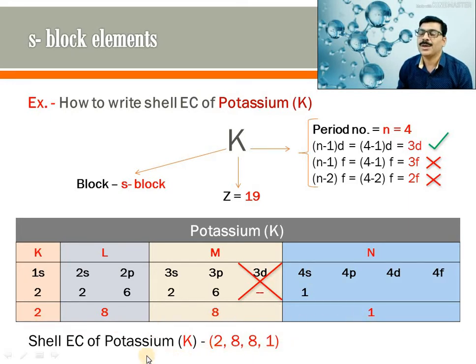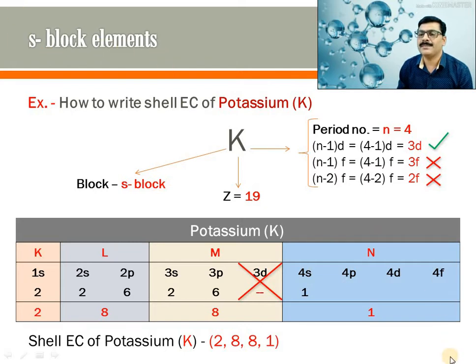In this way you can write the cell electronic configuration of potassium on the basis of two things. The first thing is that the n-1 d orbital is ignored. The second thing is that the n-1 f orbital and n-2 f orbital you have to ignore. Then you can easily write the cell electronic configuration.